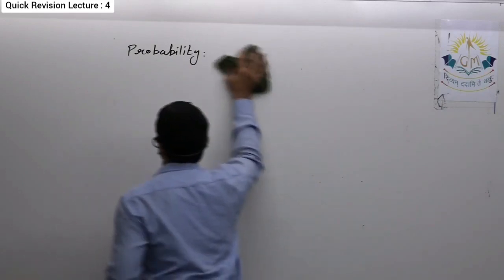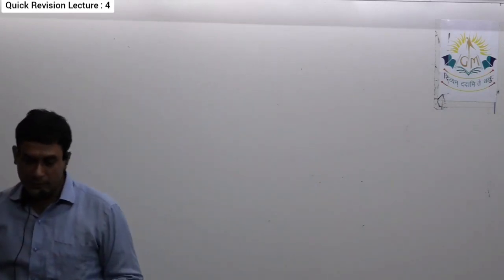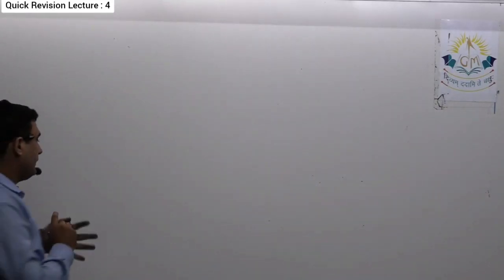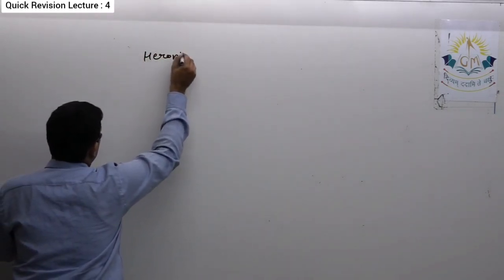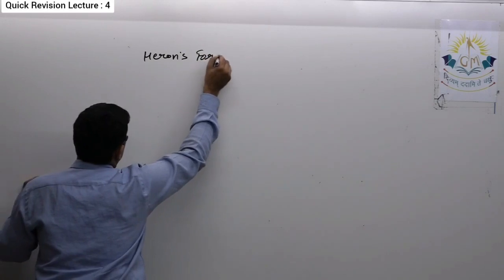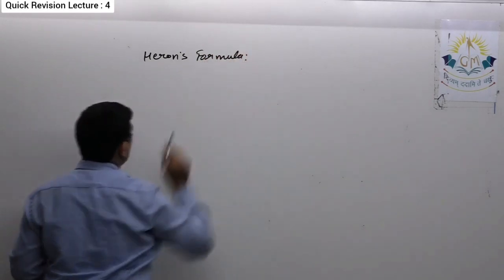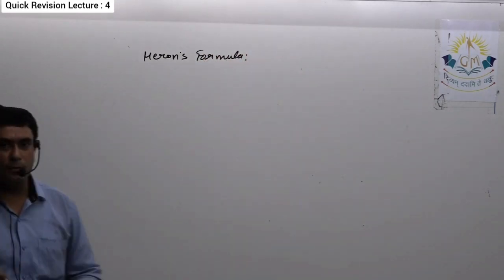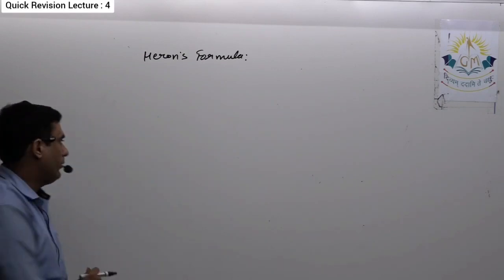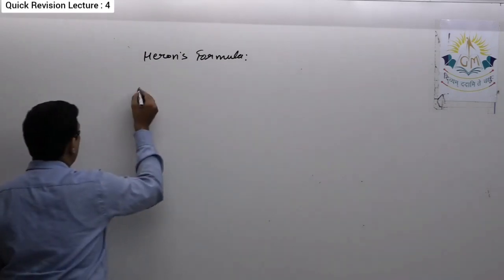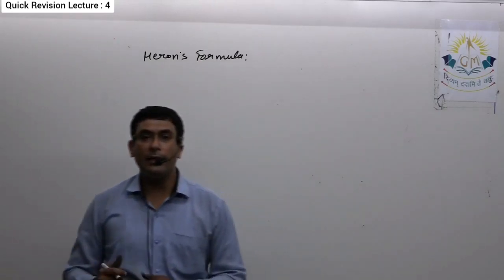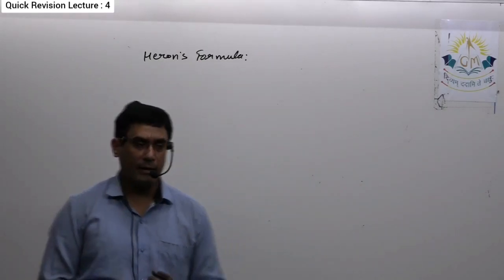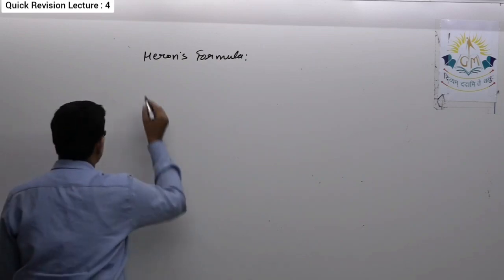Okay, now after probability, we'll come to the next chapter, that is Heron's formula. This particular chapter is based on only one formula, Heron's formula. This formula is first of all used to find the area of a triangle.